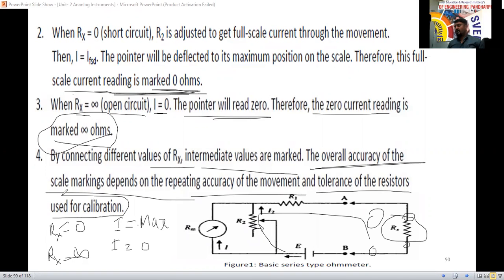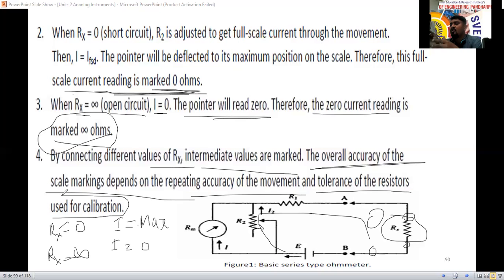So we are considering only two conditions. See here, if this is a conductor and I pass current from one end to the other, we can consider the resistance of this conductor to be 0.